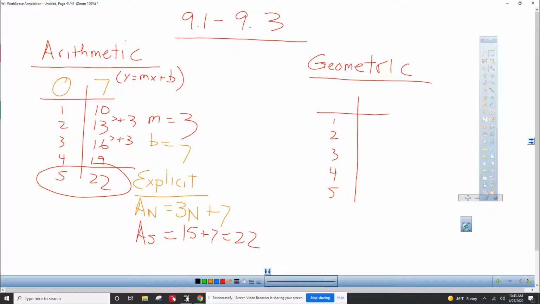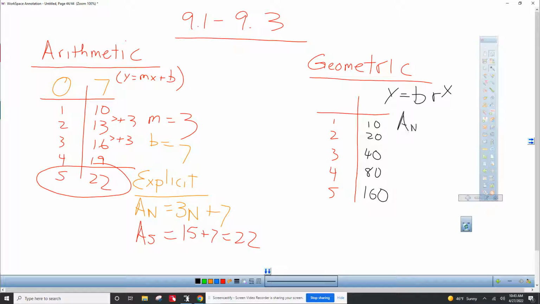Okay, now in geometric, if our first one was 10 and then 20 and then 40 and then 80 and then 160, in geometric, this is like exponential growth. So we used to call it y equals b times r to the x.